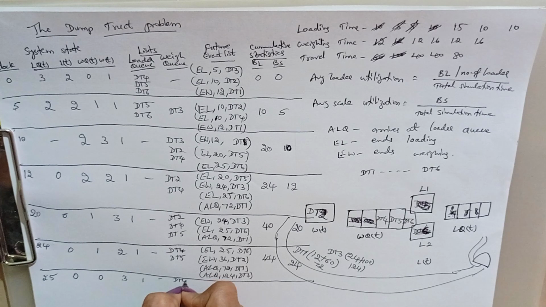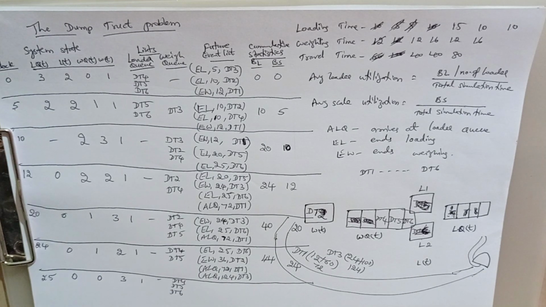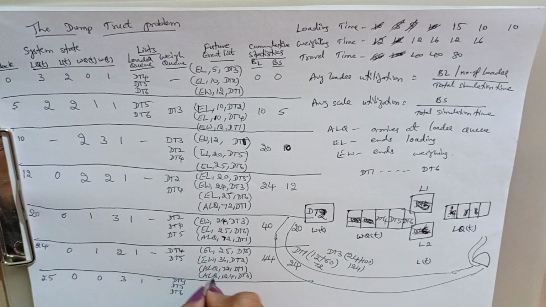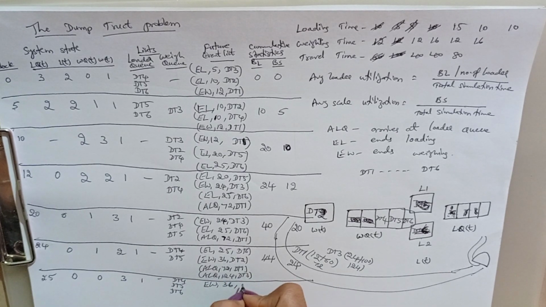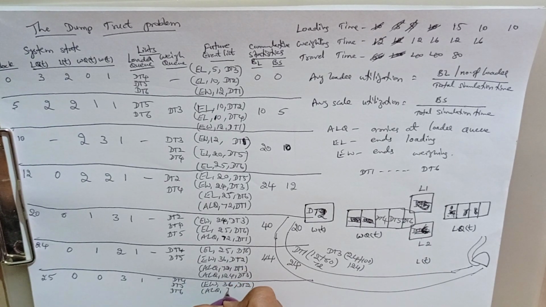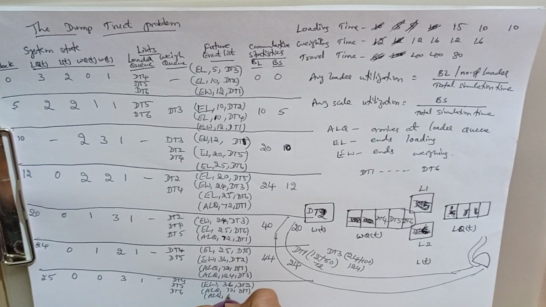That is truck 4, truck 5 and truck 6. Now here only one weighing, no trucks are on loader machine. DT2 and remaining ALQ 72 truck 1 and ALQ 124 truck 3.